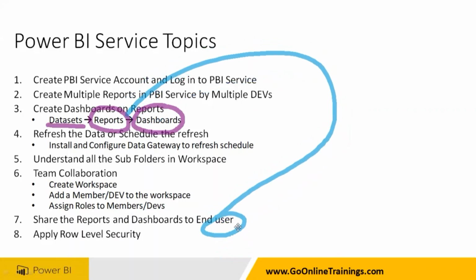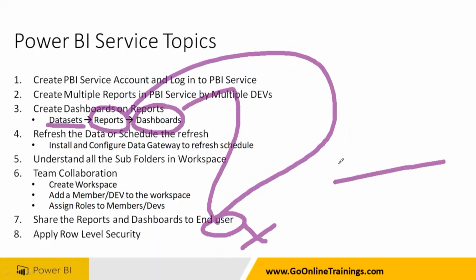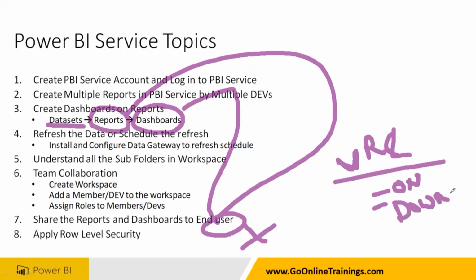Okay. So how are you going to be sharing? Because of the Power BI service URL, you have to give this URL. Using this URL, this guy can easily get into the Power BI service, a cloud server, and he can download the report, or he can view the report online.